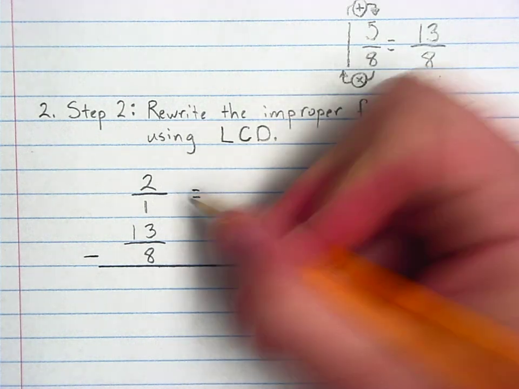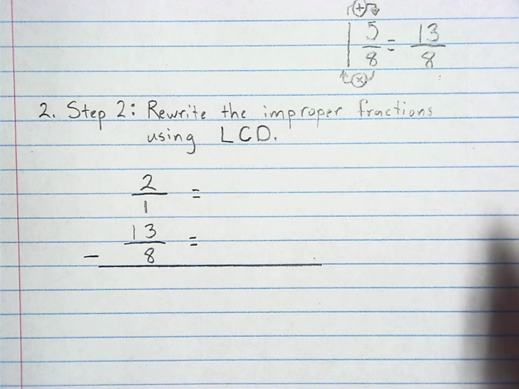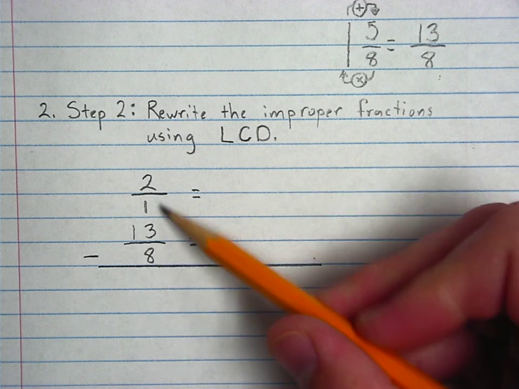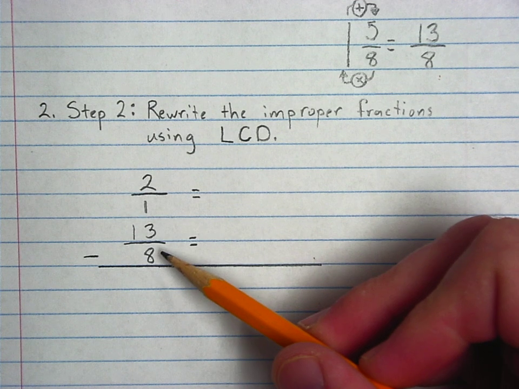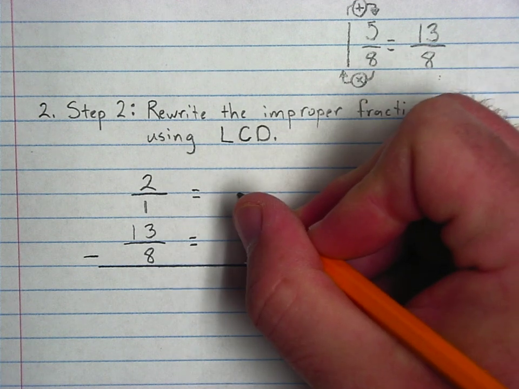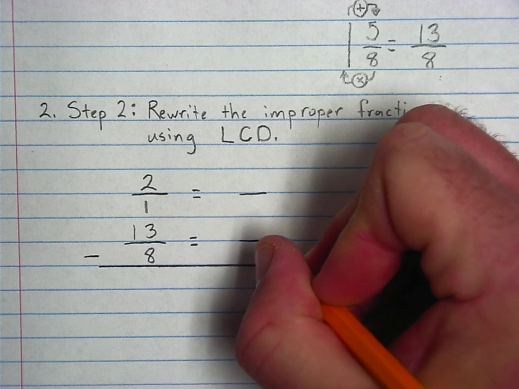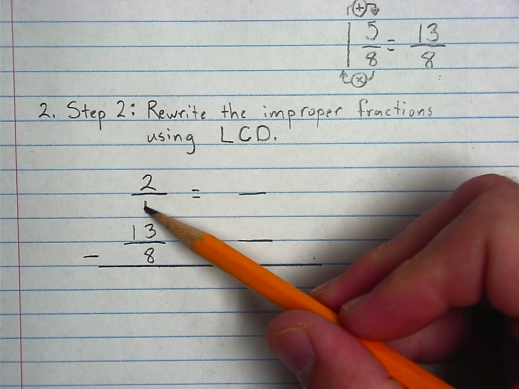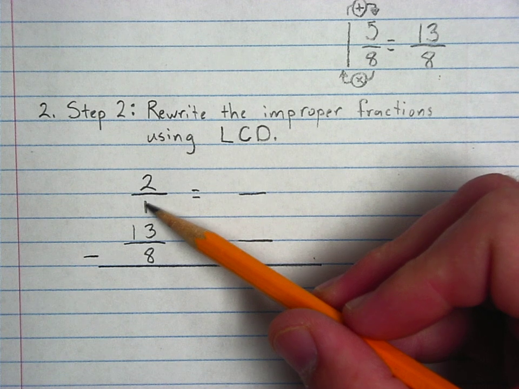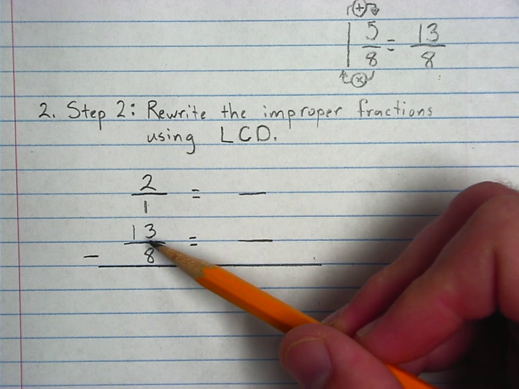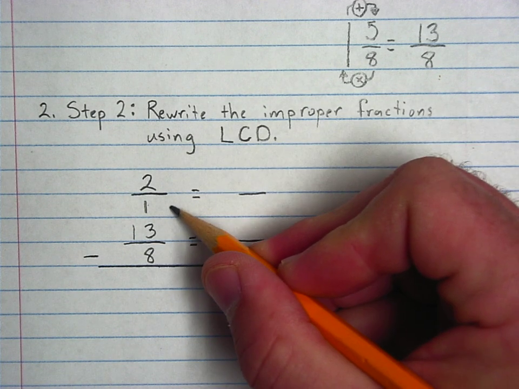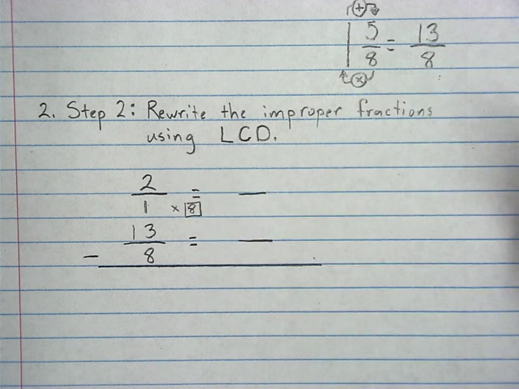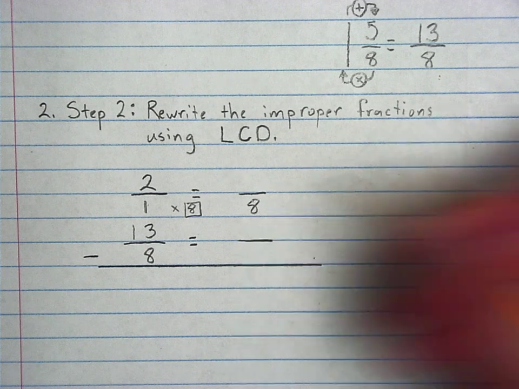But if we rewrite our improper fractions using the least common denominator, I'm going to look at 1 and 8. Now, I could do the whole list like we've practiced, but in this particular case, I think hopefully most of you can see that the least common multiple for 1 and 8 is going to be 8. If I multiply 1 times 8, that'll give me 8.